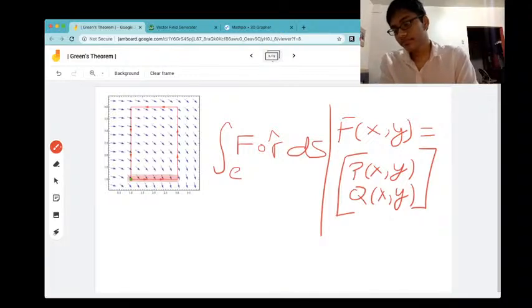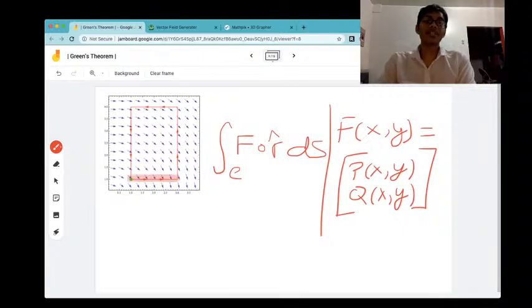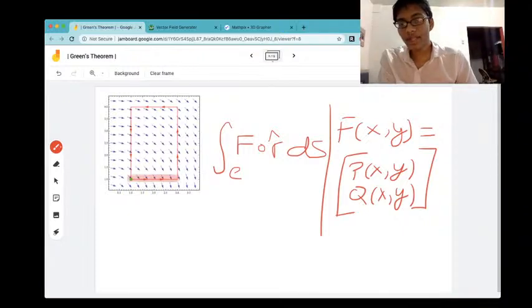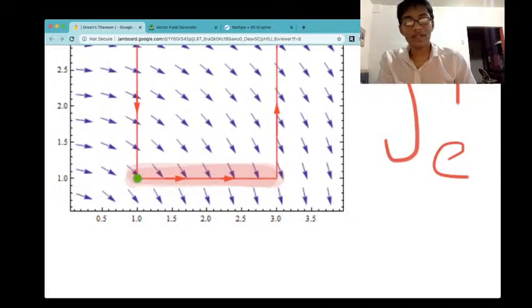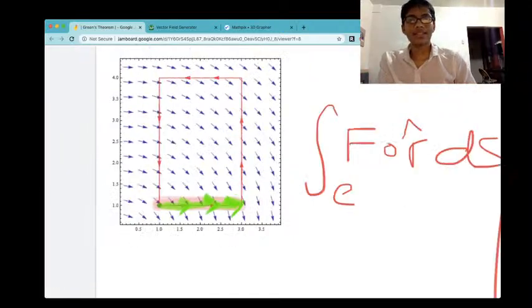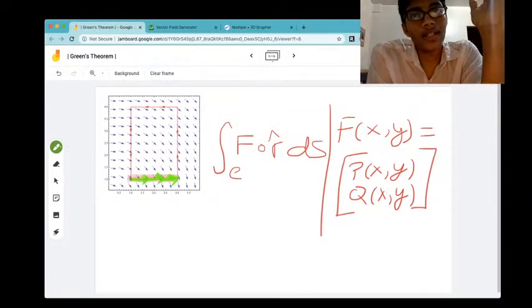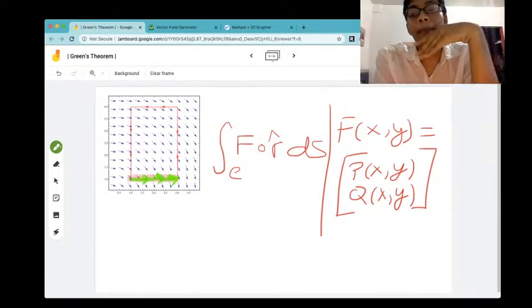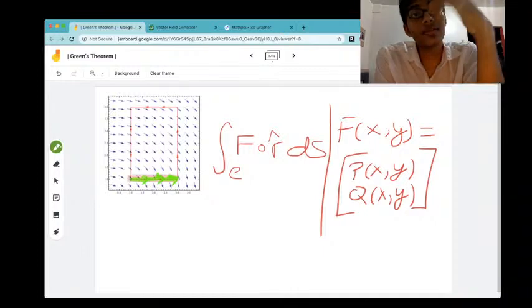So what about our unit tangent vector? Notice that our unit tangent vector is simply going to be in the direction of motion. There's our unit tangent vector. And just before we compute the actual line integral, does it seem like the field is helping or hurting that line of motion? To me, it seems like it would be helping.